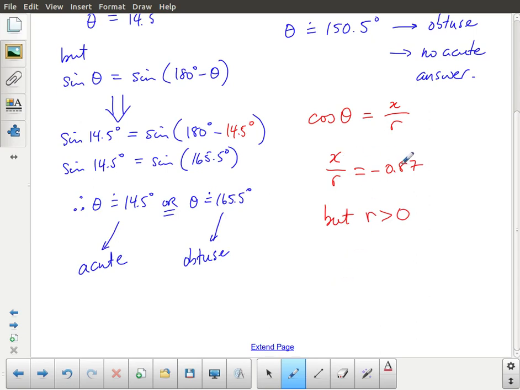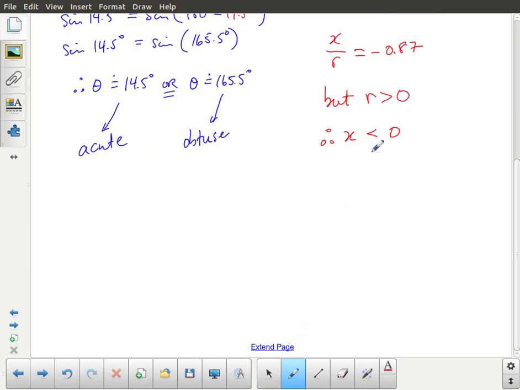So in this case, what is this saying? Therefore, the x-coordinate must be less than 0, because the x-coordinate must be the negative part that makes this ratio negative. But if the x-coordinate is less than 0, then where does the point have to be? It can't be over here in quadrant 1. It has to be over here in quadrant 2, which means the terminal arm must look something like that, which means the angle must look something like that, and in this case, that would be an obtuse angle.